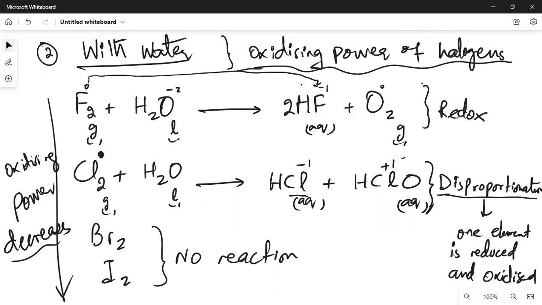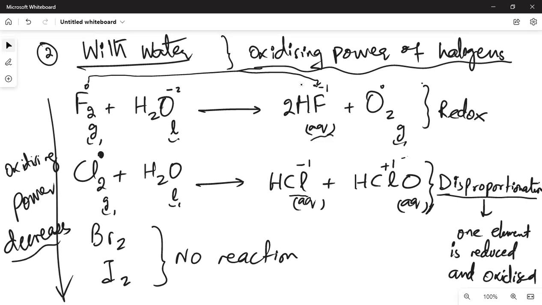All right, so that was the second reaction of halogens. The first one we did was with hydrogen, which shows the reactivity difference of halogens. The second reaction is with water, which shows the oxidizing power of halogens. Only fluorine can oxidize water completely and form these products.